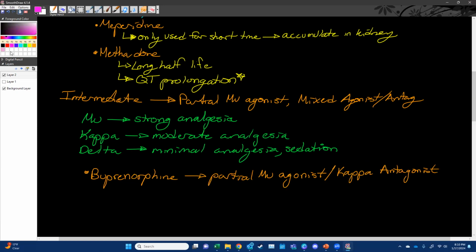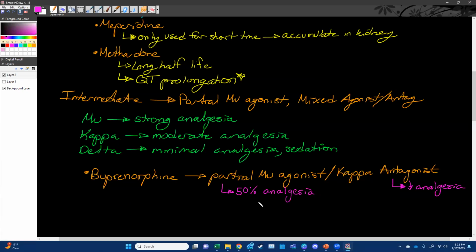So when we look at this, you're getting 50% analgesia from mu, and then from the kappa antagonist, you're getting decreased analgesia. So this is why buprenorphine isn't a great drug for pain relief, because you're not getting anywhere near the amount of analgesia that we expect.